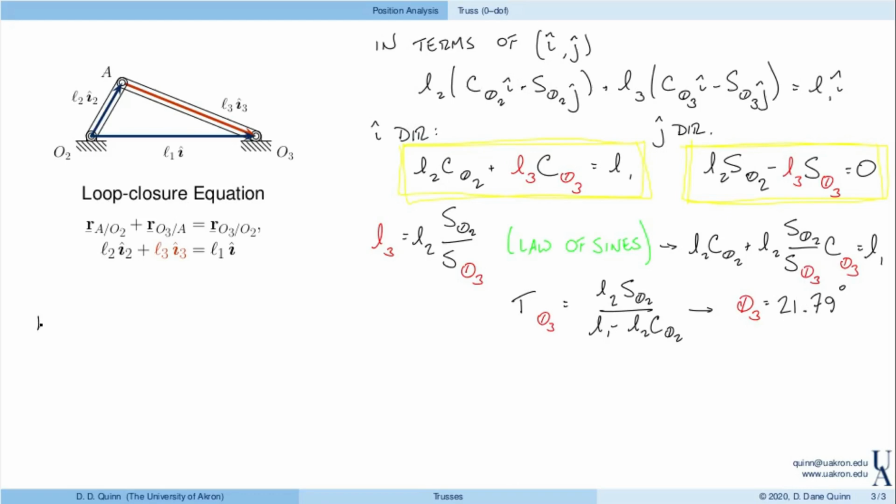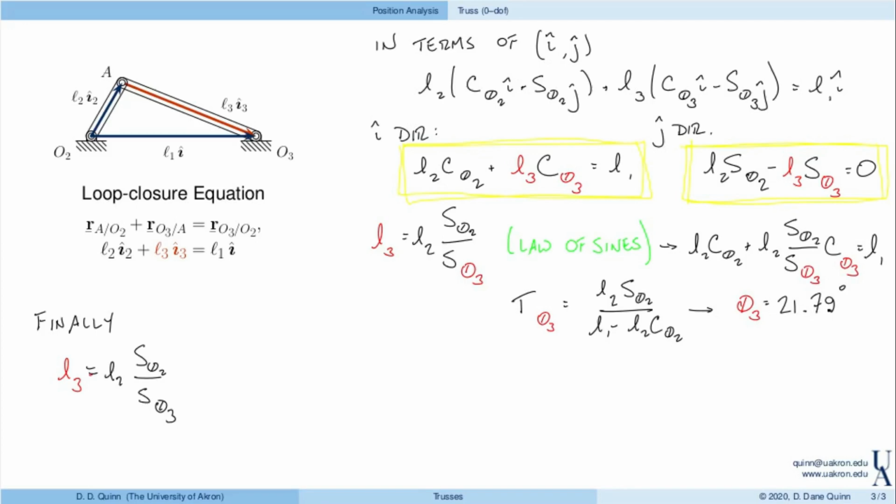So then finally, we need to go back and solve for L3. Well, I'll just go back to this equation that was equivalent to the law of sines, and we'll see that L3 here is L2 sine of theta 2 divided by sine of theta 3. And now theta 3 is known, because we just solved for it.